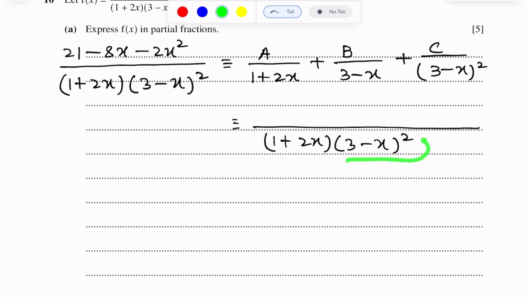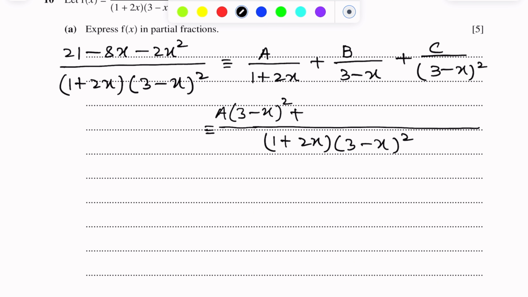Remaining is (3 minus x) whole square, which will be multiplied by A. So this will be A into (3 minus x) whole square. In the same way, B into (1 plus 2x) into (3 minus x) plus C into (1 plus 2x).